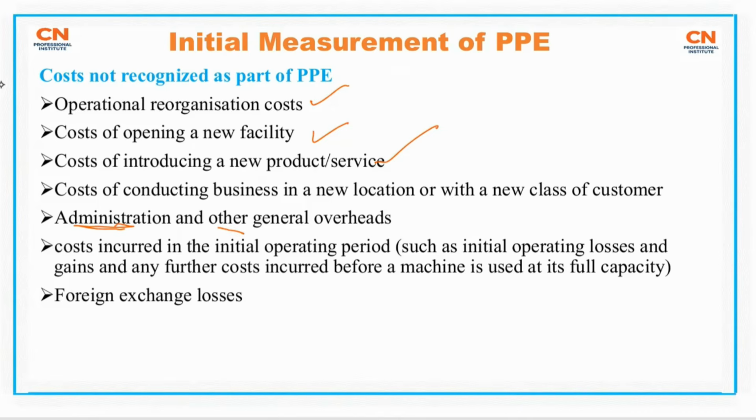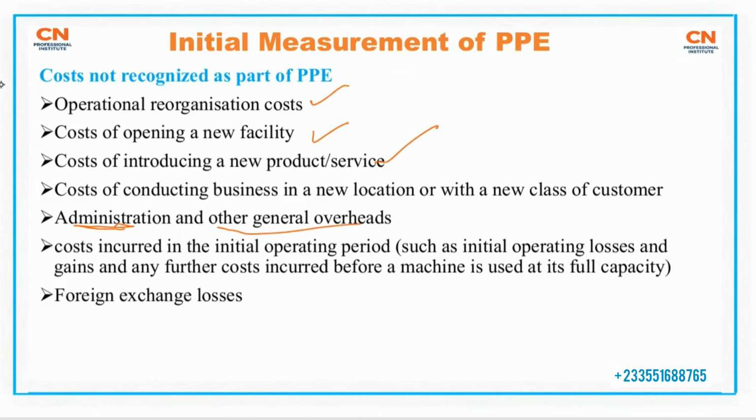Administration and other general overheads, administrative expenses like manager salary, sometimes depreciation, wages of other people, all these are not added to the cost of the PPE. So general administrative expenses and overheads are excluded. Production overheads will be added to the cost of the PPE if the PPE is produced.